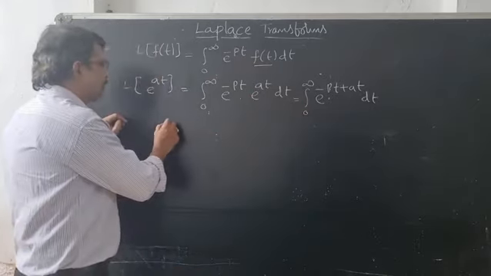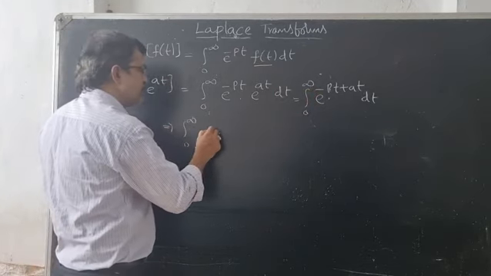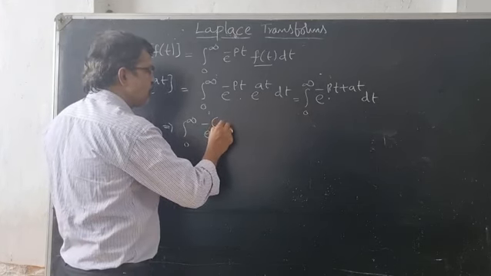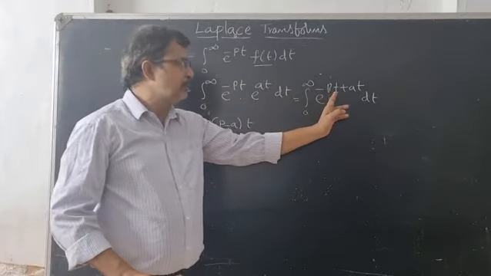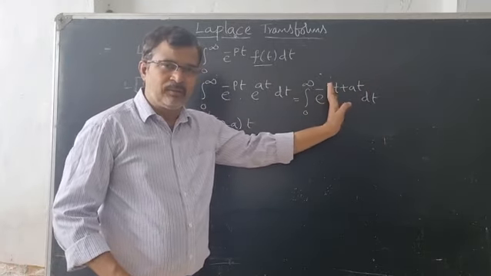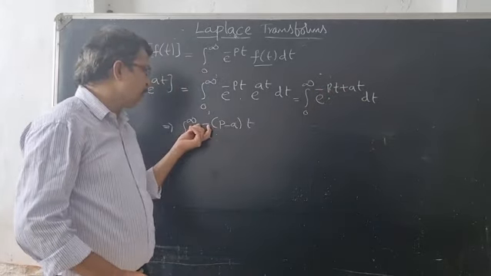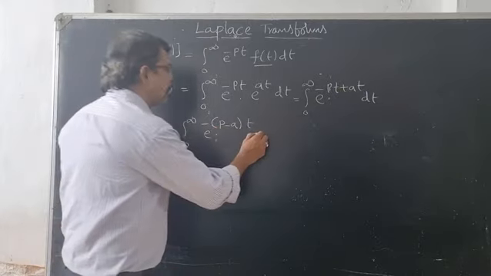Here you can write the integral from 0 to infinity of e^(-(p - a)t) dt, taking t common and taking the minus out, -p + a.